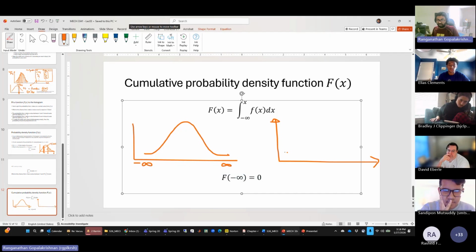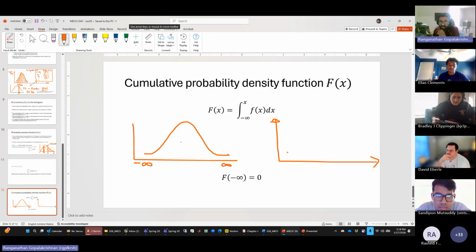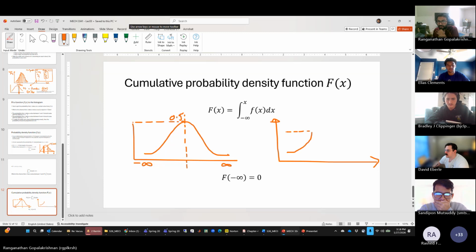Okay. Starts at 0. And as it reaches a peak, let's assume this value is like 0.5, so that this would be the median. It would reach the median, 0.5. And then as you go beyond, so this means 50% of the distribution is to the left of this line, 50% is to the right of this line. Okay, that's what median is.